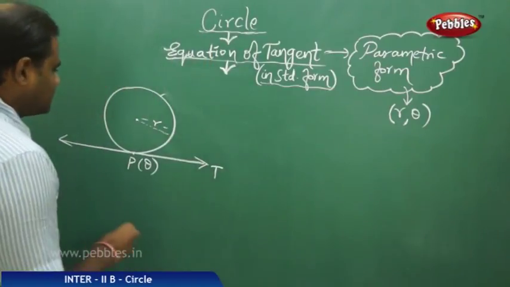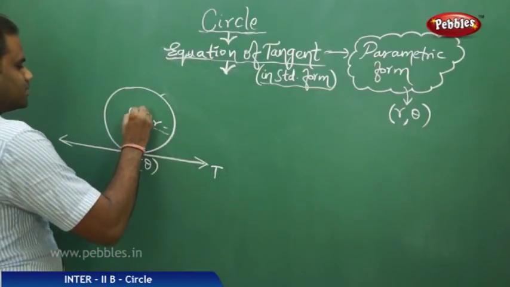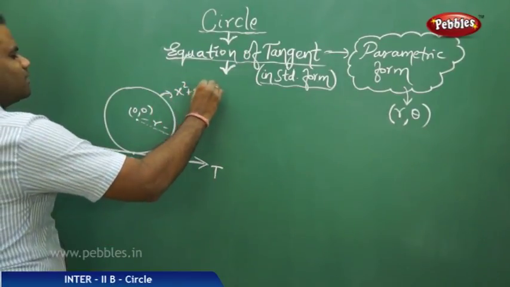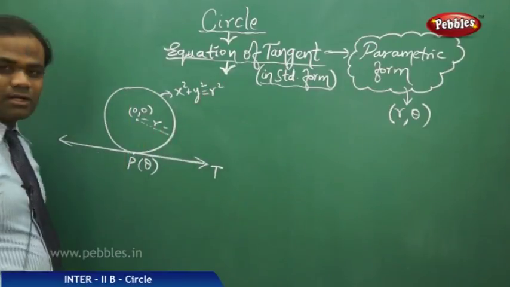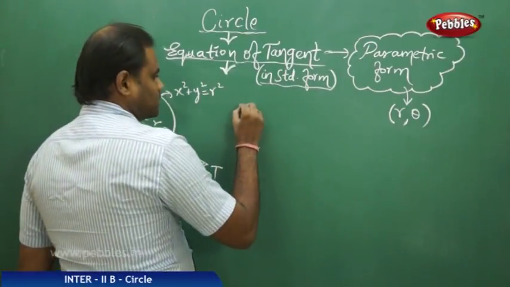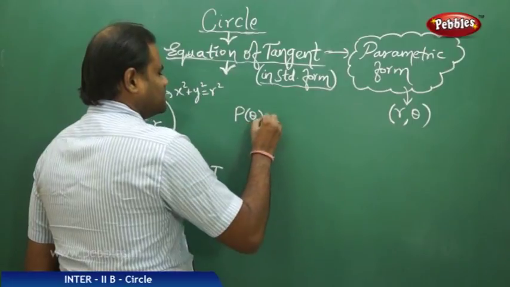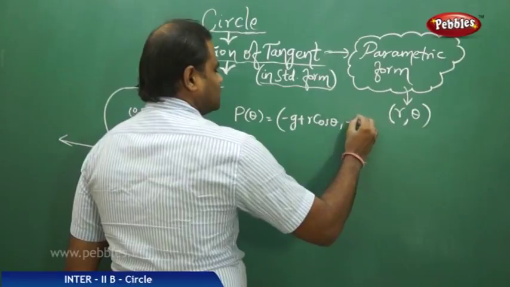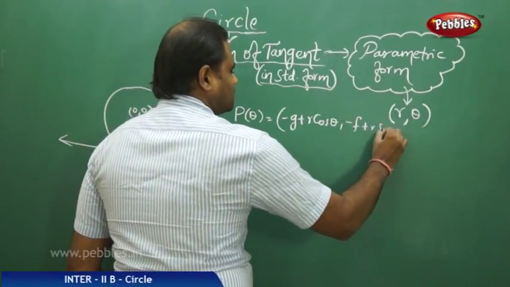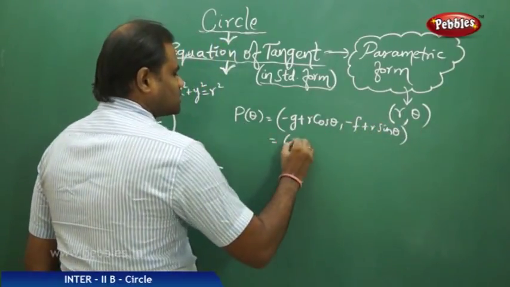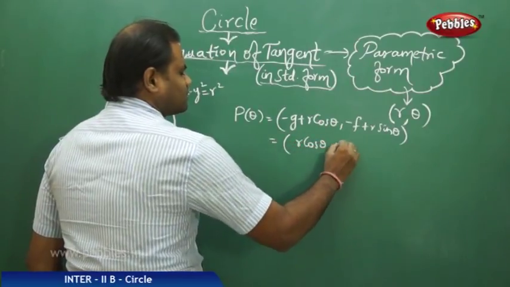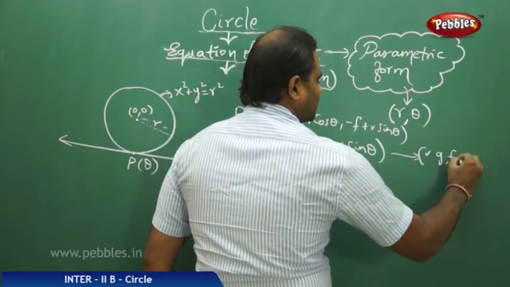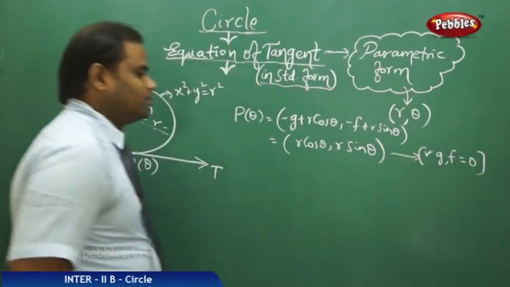That is, if I have a circle with radius r and center as origin, that is, if the equation of the circle is x squared plus y squared equals r squared, then the point P(theta) equals (-g + r cos theta, -f + r sin theta) reduces to (r cos theta, r sin theta), since g and f are equal to 0, they vanish.